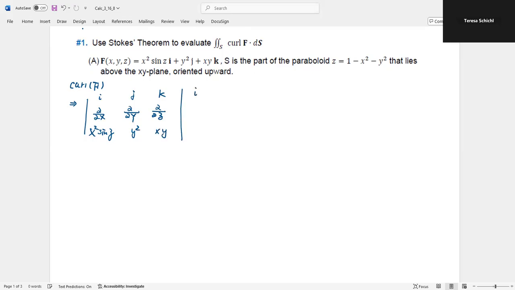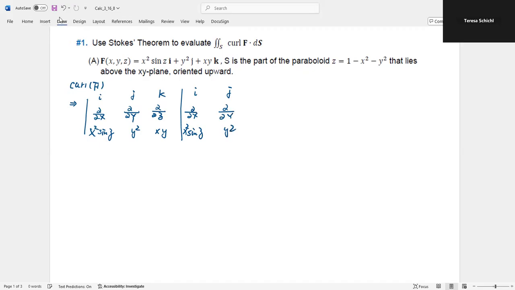Like I said, this is my typical way to do the determinant: I move the first two columns out, so this is row x, x squared sine z, and row y, y squared.